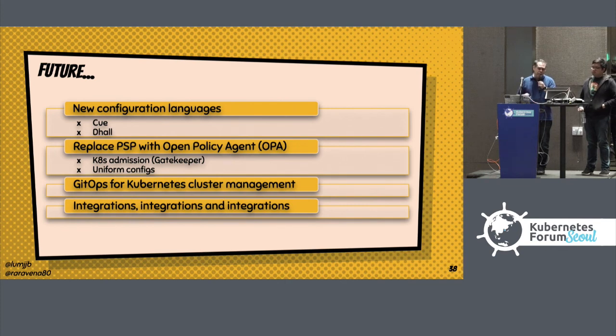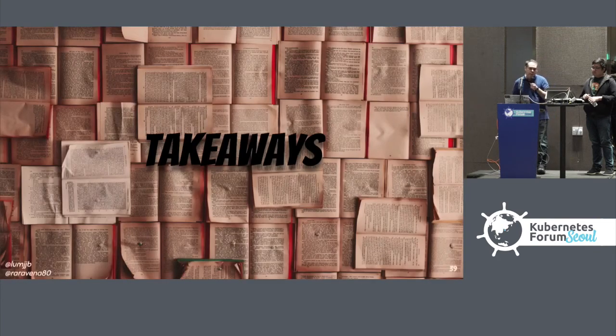So the approach here is just to have a blue cluster with the older version, say like 1.14, and then if you want to upgrade to say 1.15, you create a brand new cluster and you move the workloads gradually, and then you do the switch over, and hopefully with no downtime if you're running stateless type of workloads. So having that GitOps approach might help there. And then we'll see more integrations with all these different tools, the Open Policy Agent, and more Cloud Native Foundation type of tools.